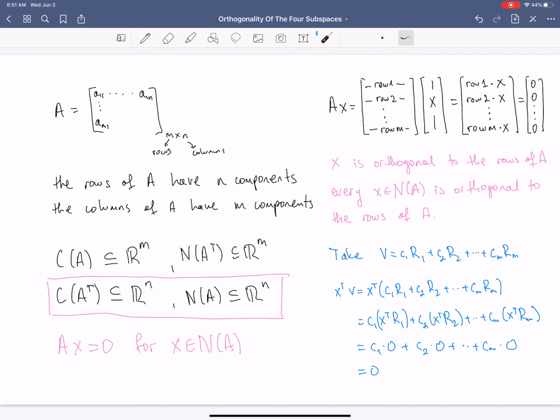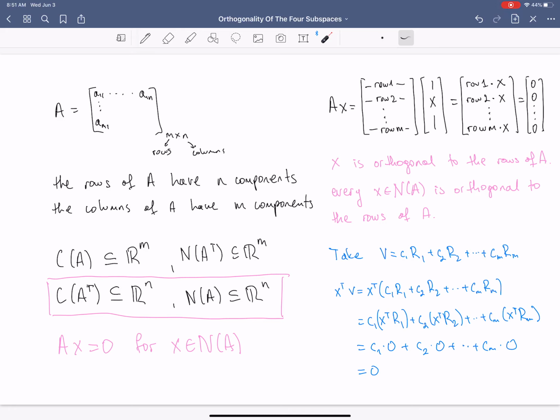You can take a basis in here if you just take the pivot columns. It doesn't hurt to take more vectors, but you have at least the basis. So if X is orthogonal to each basis vector, then X must be orthogonal to any linear combination of those vectors. Or I can completely remove the word basis, but it's just a hint on how to check for two vector spaces and their orthogonality.